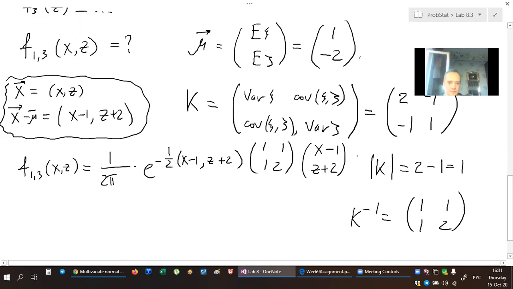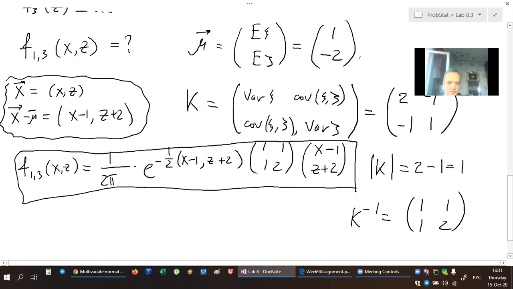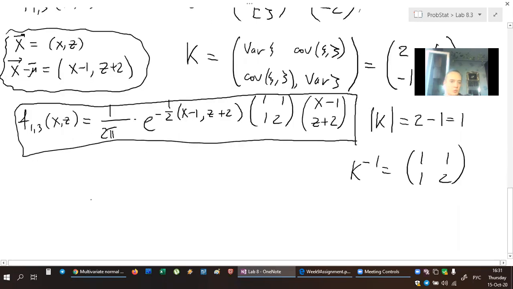So this is the answer, but we can simplify it, of course. Well, let's do it. Why not? So let's open the brackets.